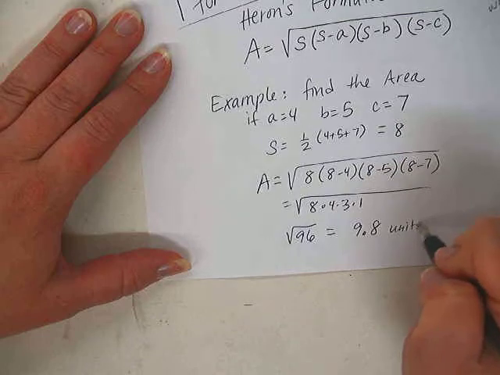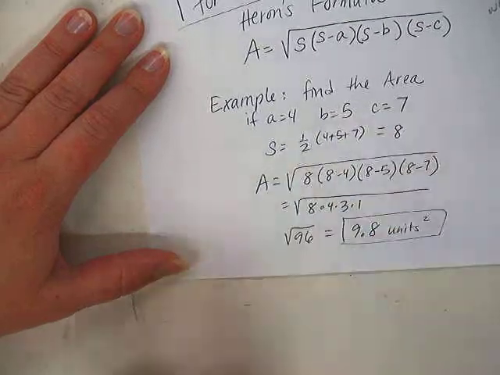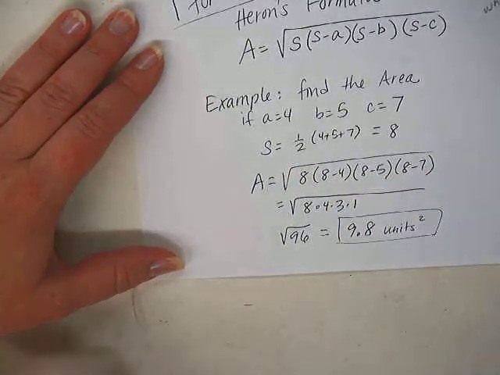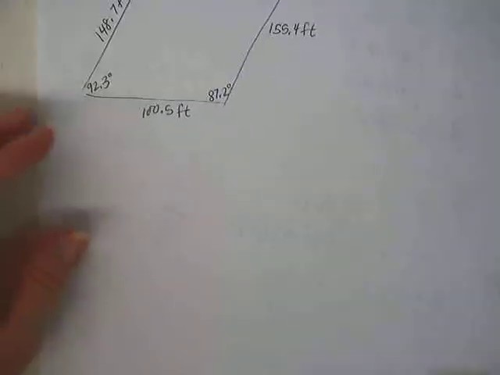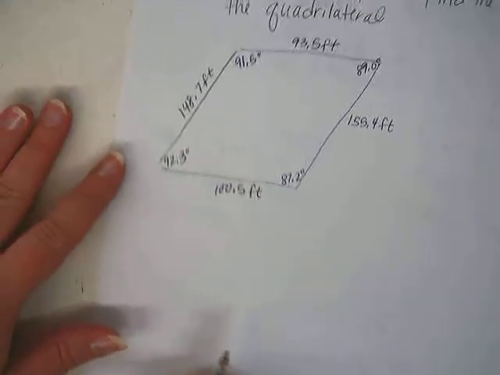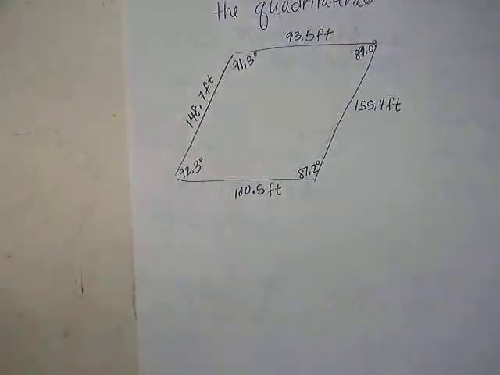So you can plug the whole thing in your calculator, but it ends up being 8 times 4 times 3 times 1, which is the square root of 96, which is about 9.8 square units. Did we do okay? Good.